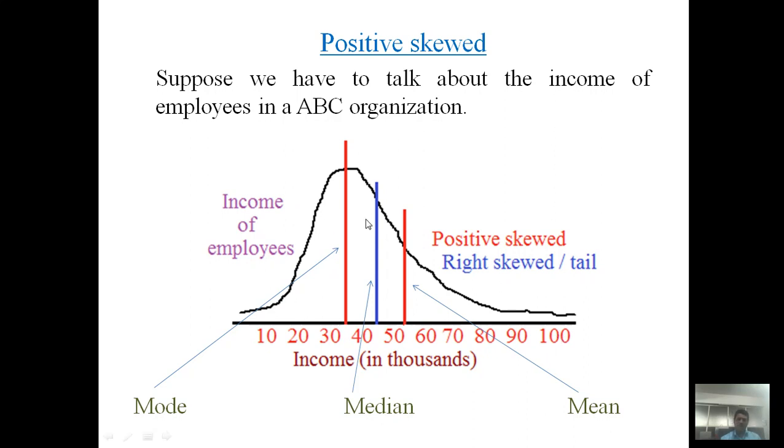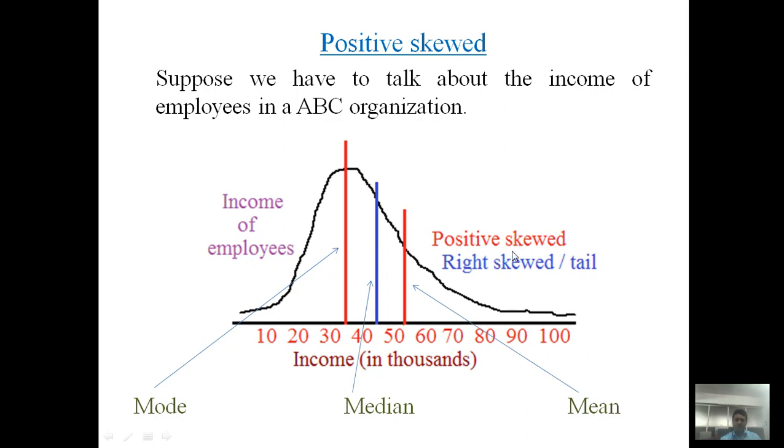So this graph shows the income of employees, and our aim is to study what positive skewness is. See here, the distribution initially takes the peak value, then it decreases gradually and attains the background concentration.